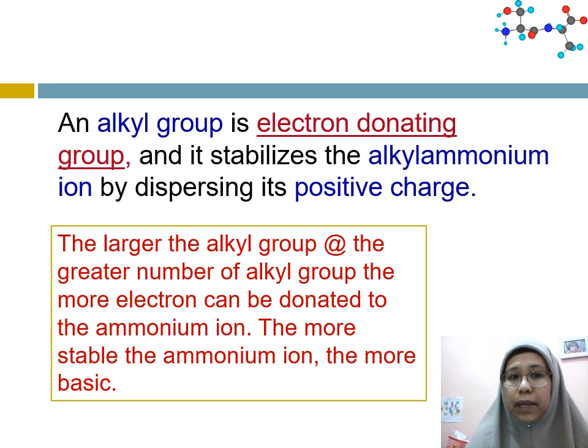It will stabilize the alkyl ammonium ion by adding more to the positivity of charge. So the larger the alkyl group, the larger the electron donating effect, the more stable the ammonium ion would be, making it more basic.